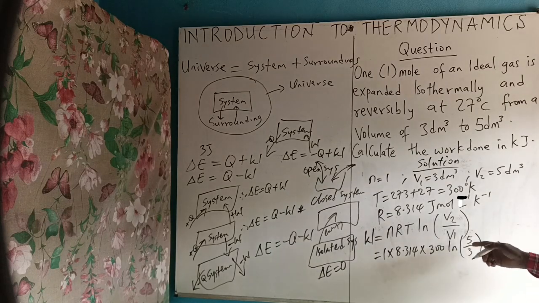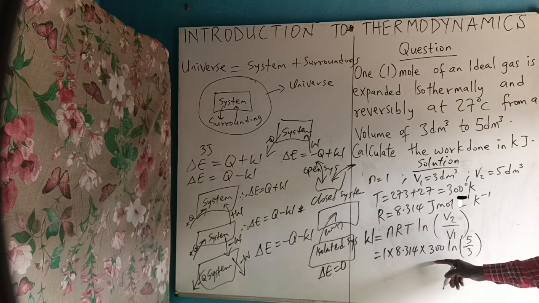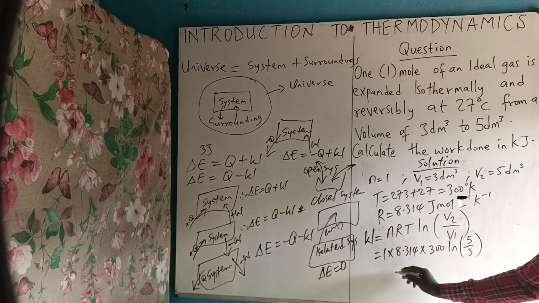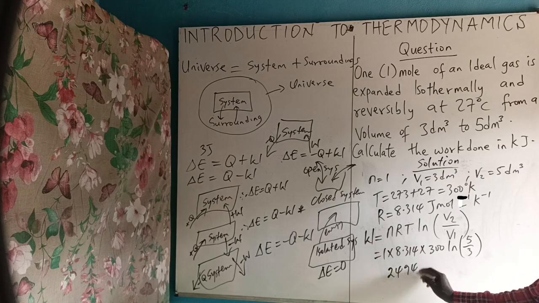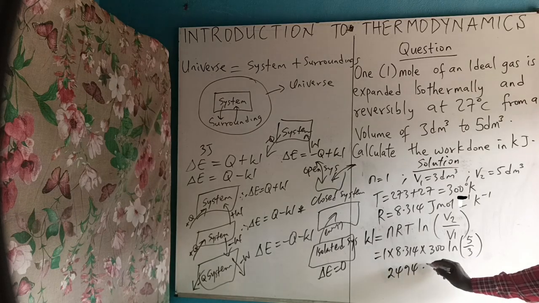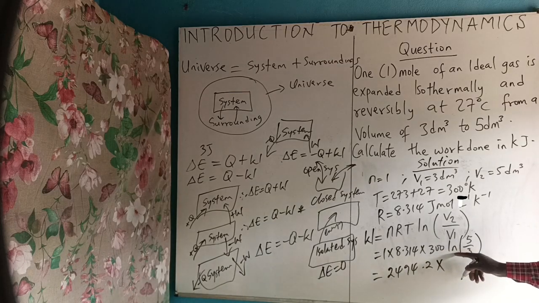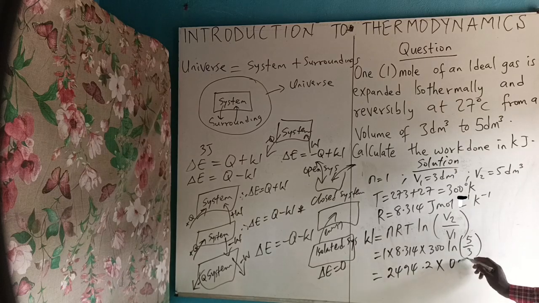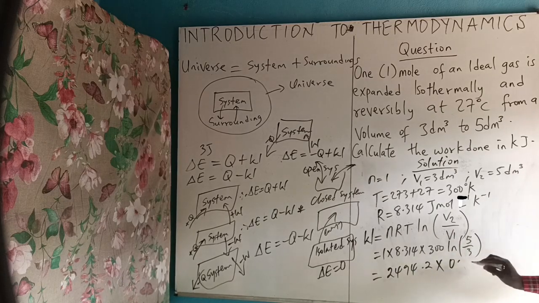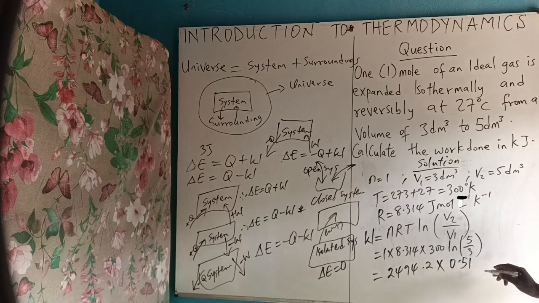So, as you have gotten to this point, what you now do is you use your calculator, say this times this, and that will be giving you 2494.2, then times ln 5 over 3. Just use your calculator, ln 5 over 3, 0.551083.